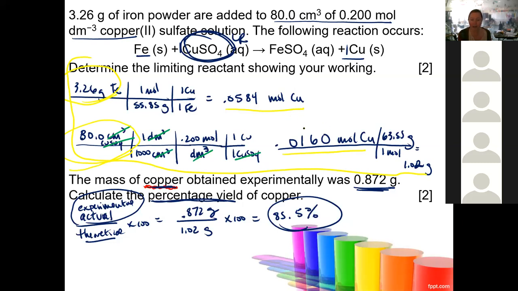And then when you compare those two, you see the minimum is actually the maximum, because I'm going to run out of that copper sulfate first. The reason that I chose to focus on copper is because I saw copper down here. I knew that I was going to have to figure out those moles of copper eventually. So I went ahead and used copper to find my limiting reactant.